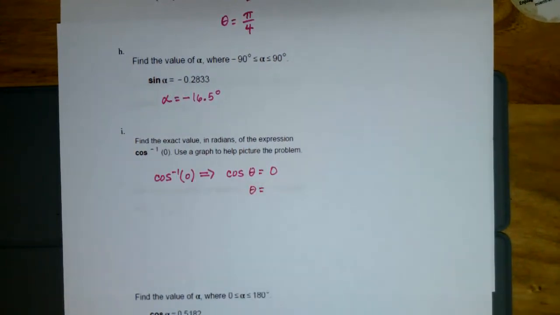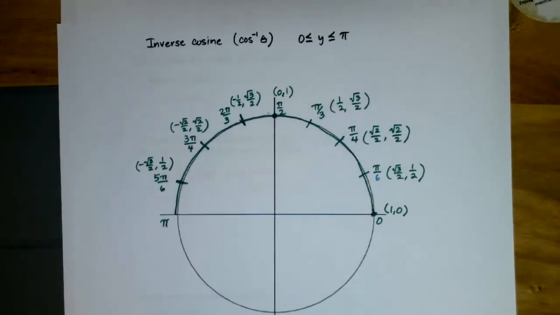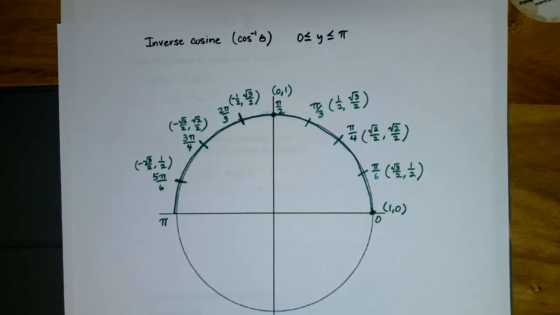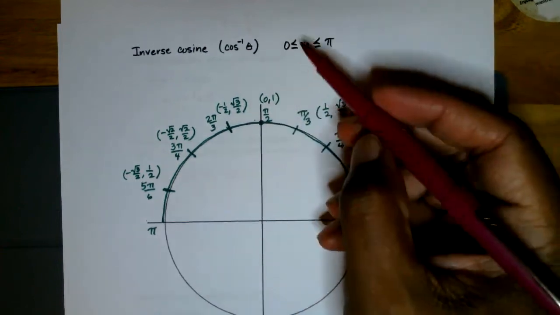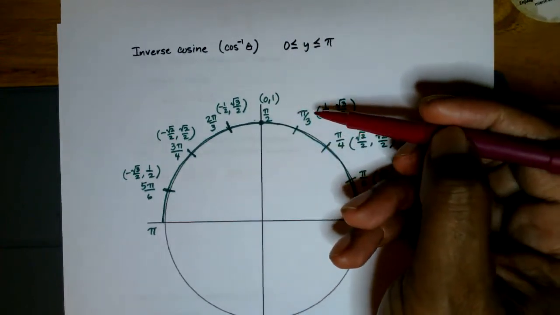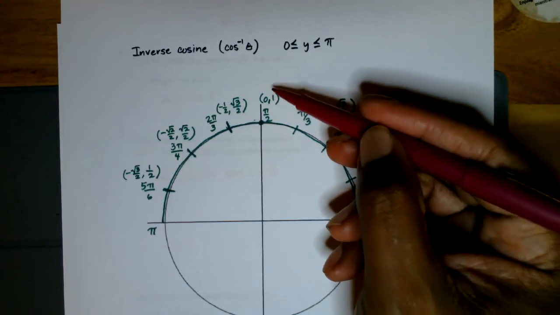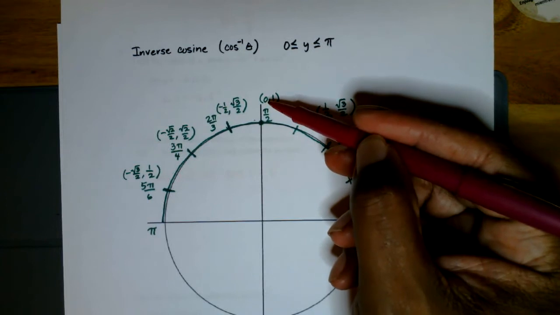Now this time I'm going to be using the unit circle for inverse cosine. Now keep in mind cosine is always your x-coordinate. So I want the point where 0 is my x-coordinate, which is right here.